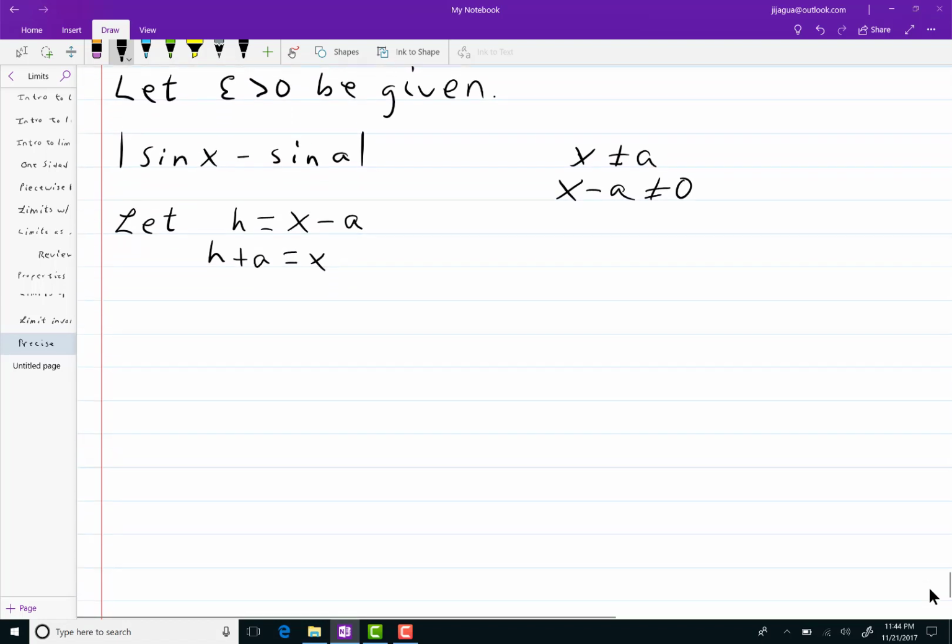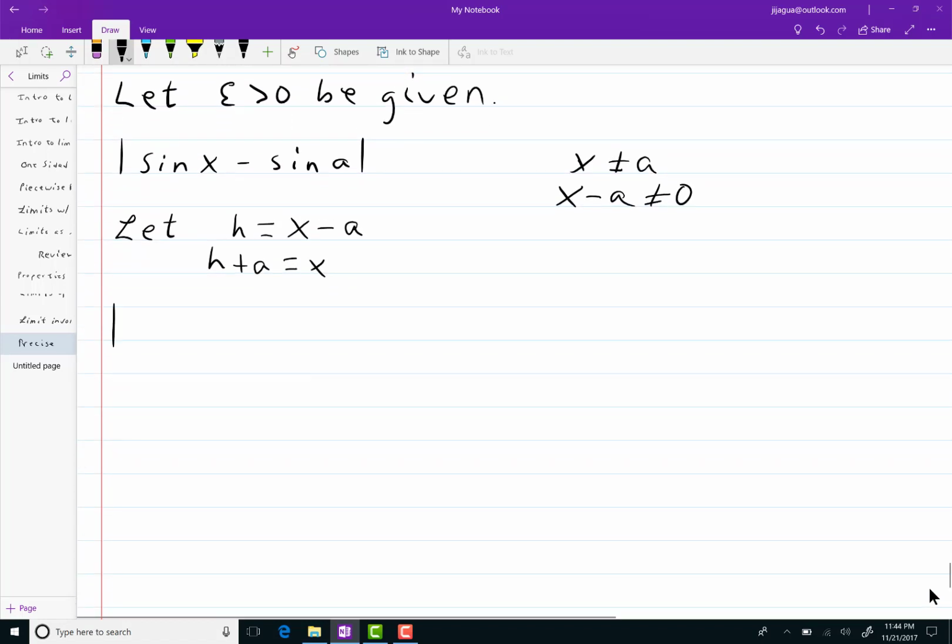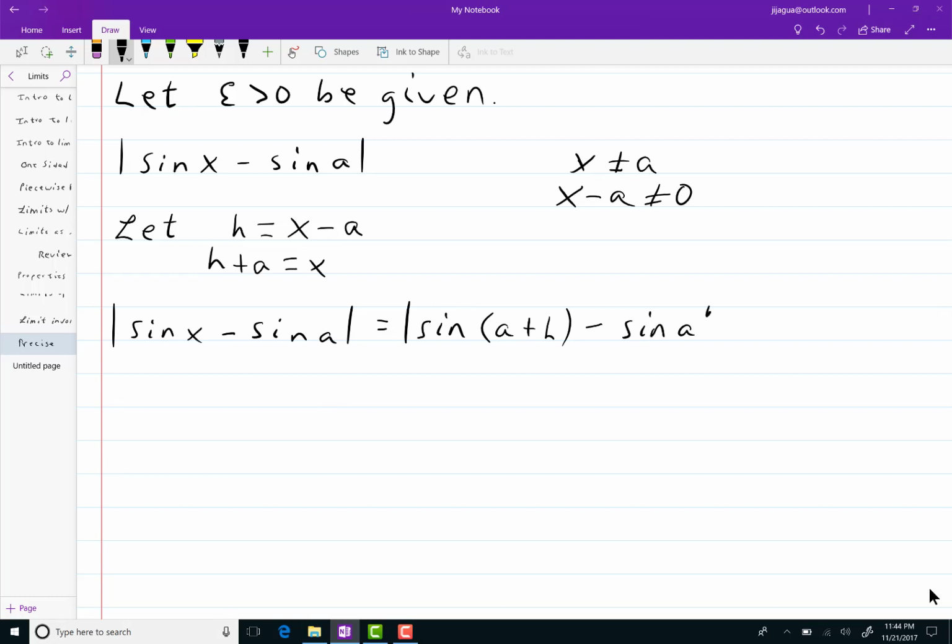So when I grab this absolute value again, sine x minus sine of a, I can rewrite this as sine of a plus h minus sine of a. Later in the course, we will do this kind of thing all the time.